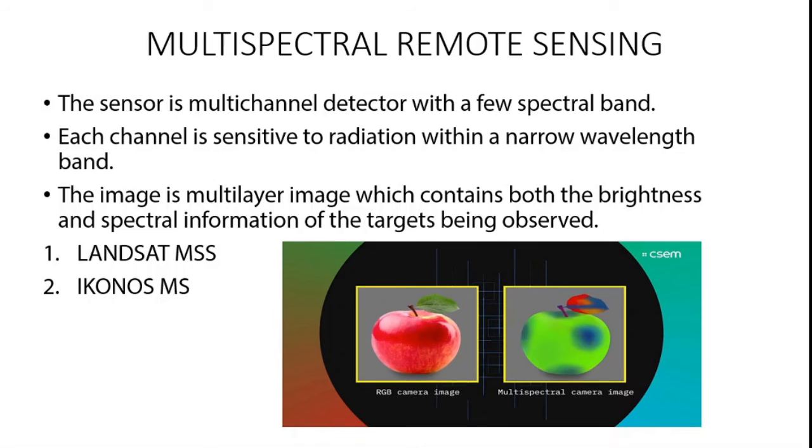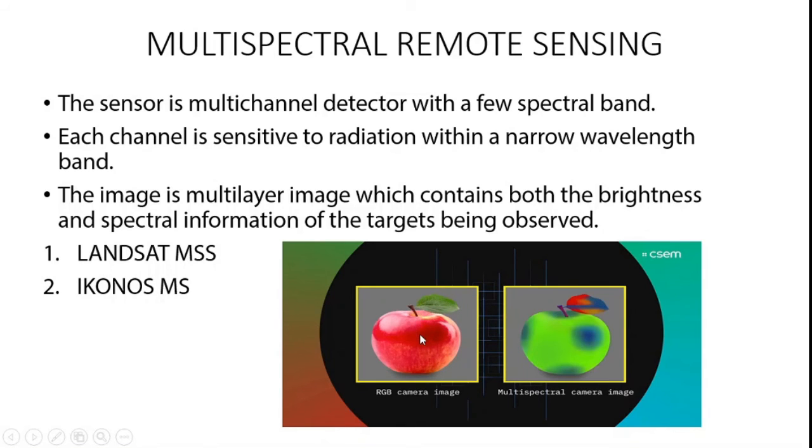The image is multi-layered, and it contains both brightness and spectral information of a particular image. So in an apple, it is a simple image of an apple. When you take an RGB camera, that means in visible rays you can see the apple is red in color, the leaves are green and the stem is brown.